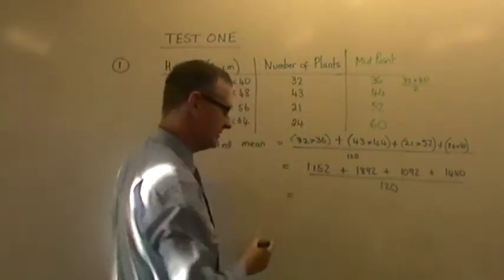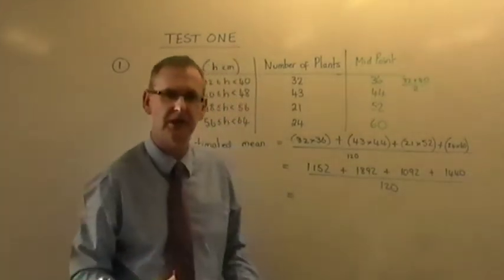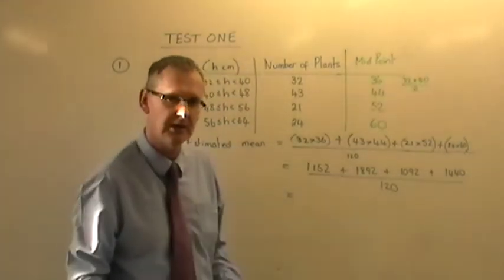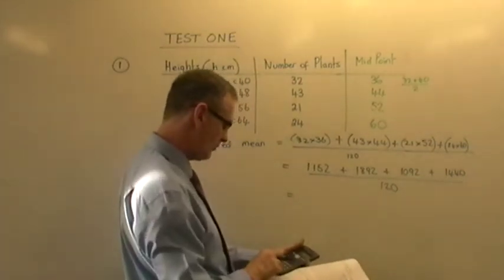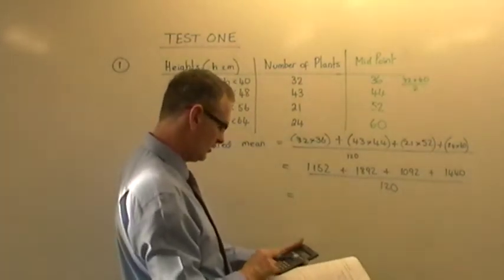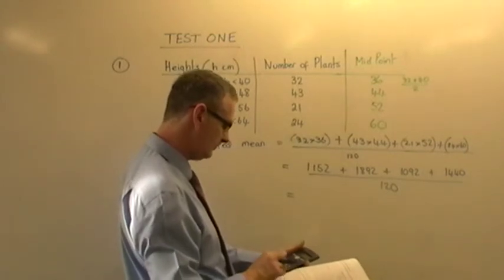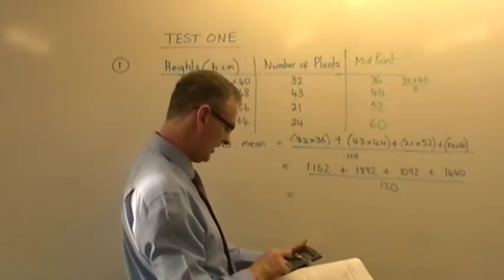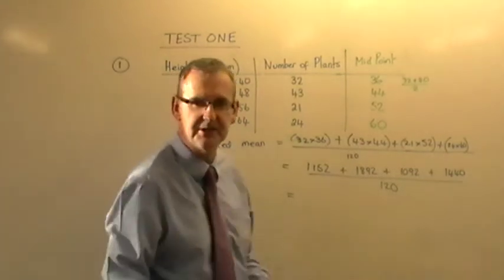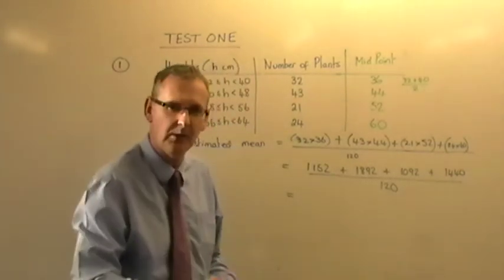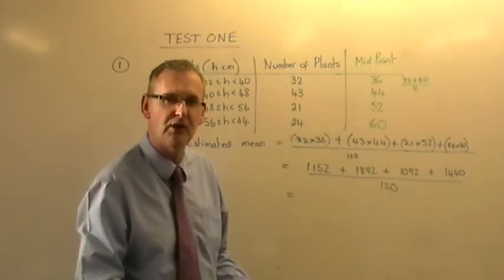Now a little hint, mistakes often occur at this point in the calculation. If you were to just type in, as I'm going to do now, 1152 plus 1892 plus 1092 plus 1440, and then simply press straight away divide by 120, you're going to get the wrong answer.